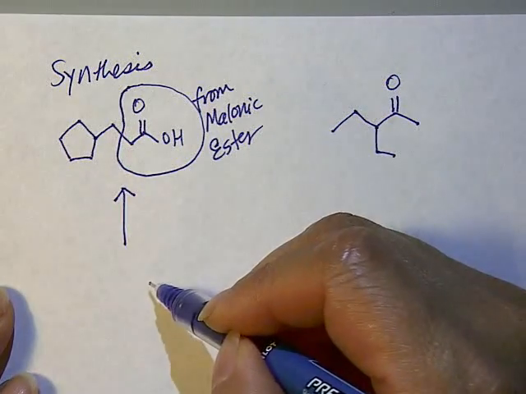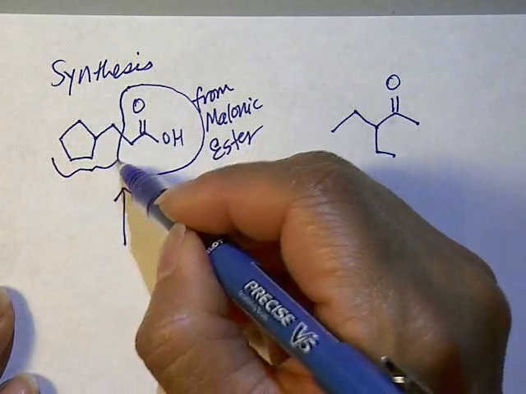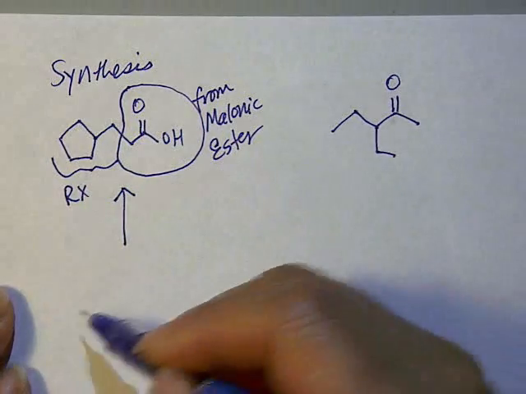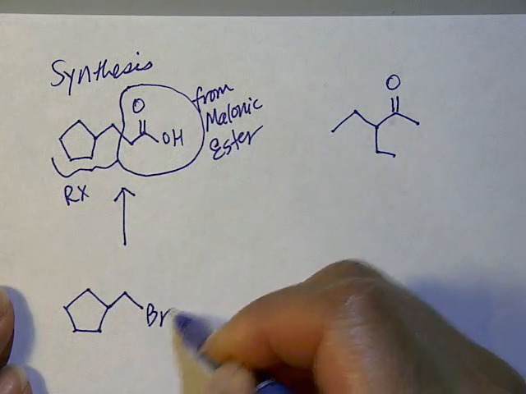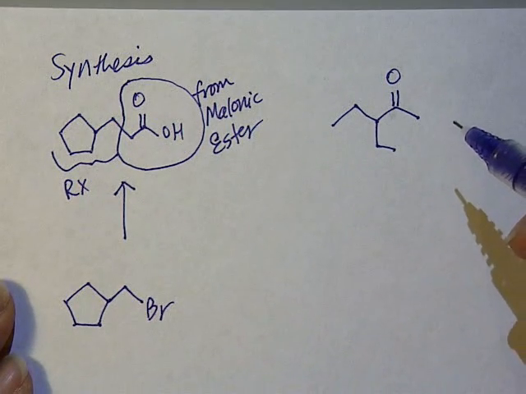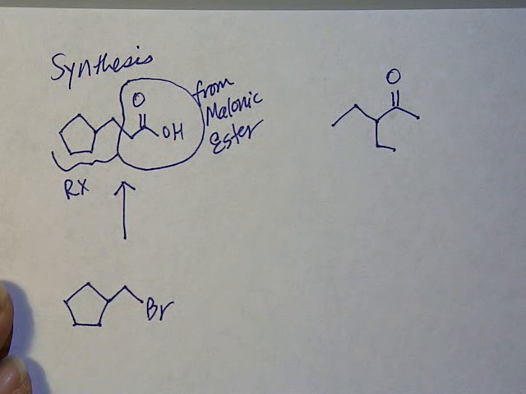So that means this group right here must have been my Rx, right? So if you draw that, that might help you to go back and then come up with the malonic ester that you need in order to get to there.